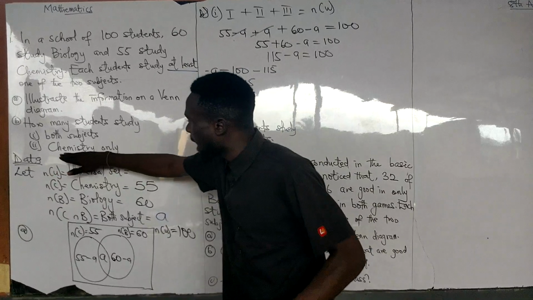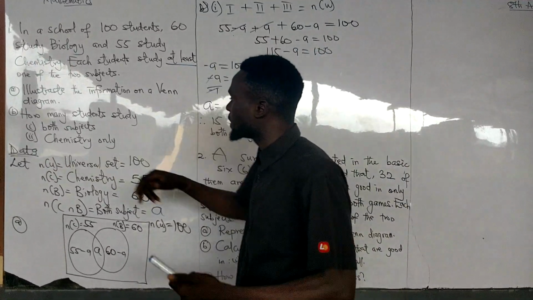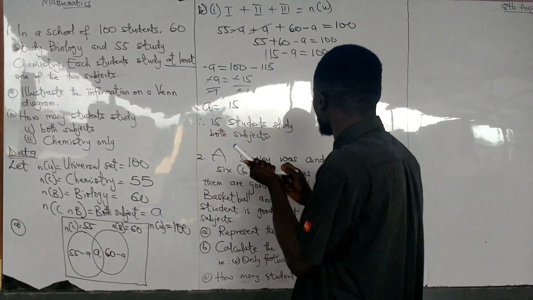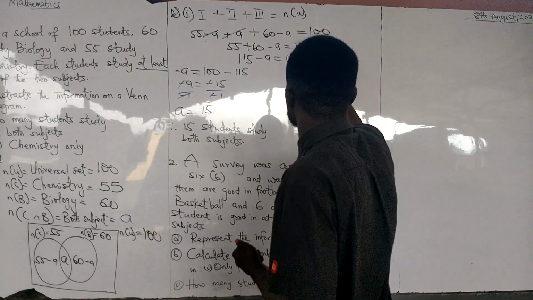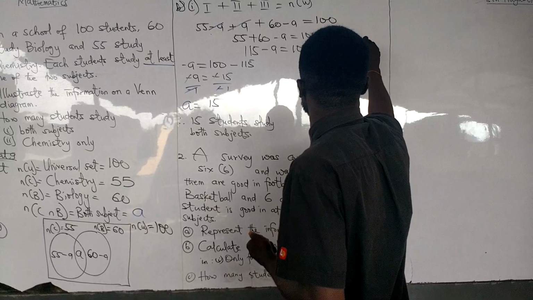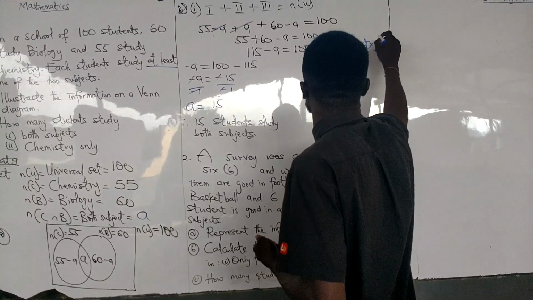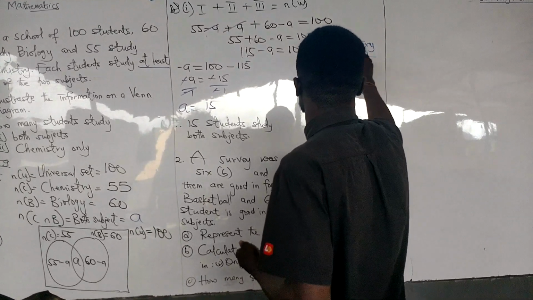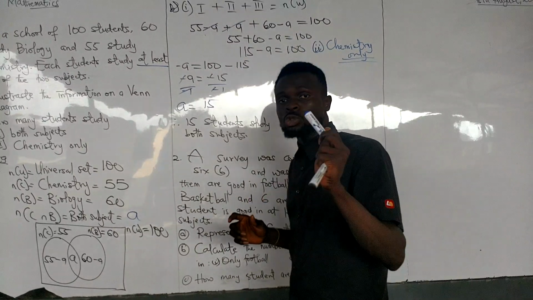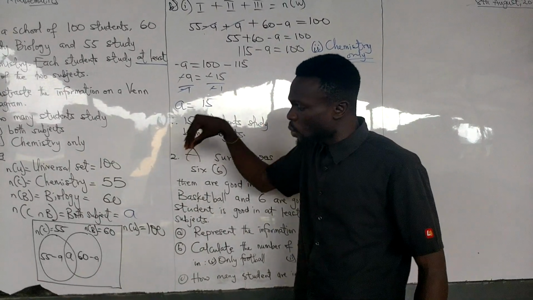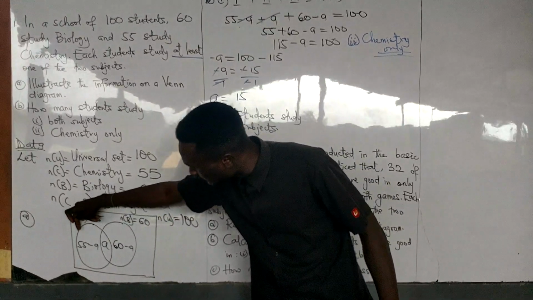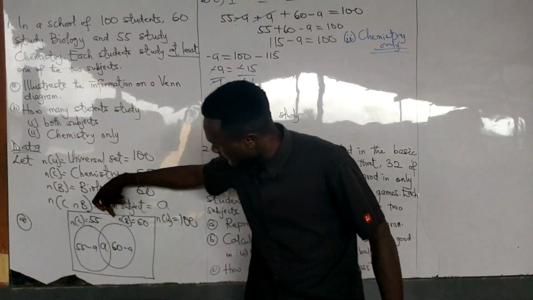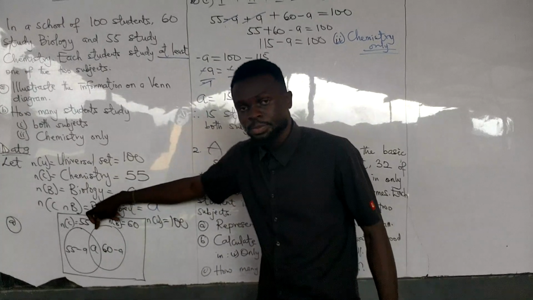And when you come to part II, you have been asked to calculate chemistry only. Let me record that one here. II, chemistry only. And how can you calculate for the chemistry only? With the chemistry only, locate where the chemistry only is on the diagram. This circle is for chemistry and this is for biology.